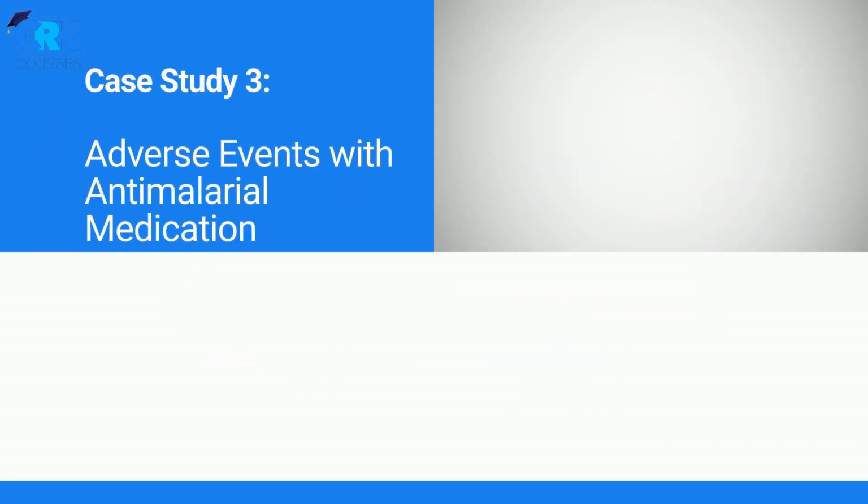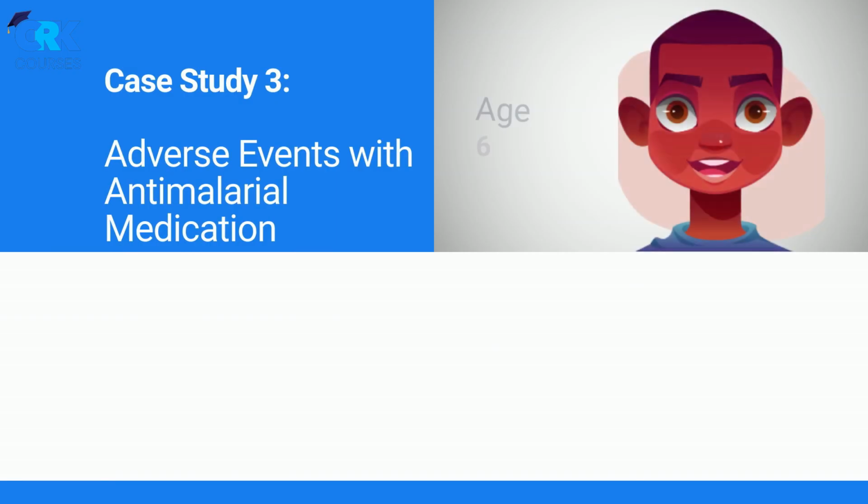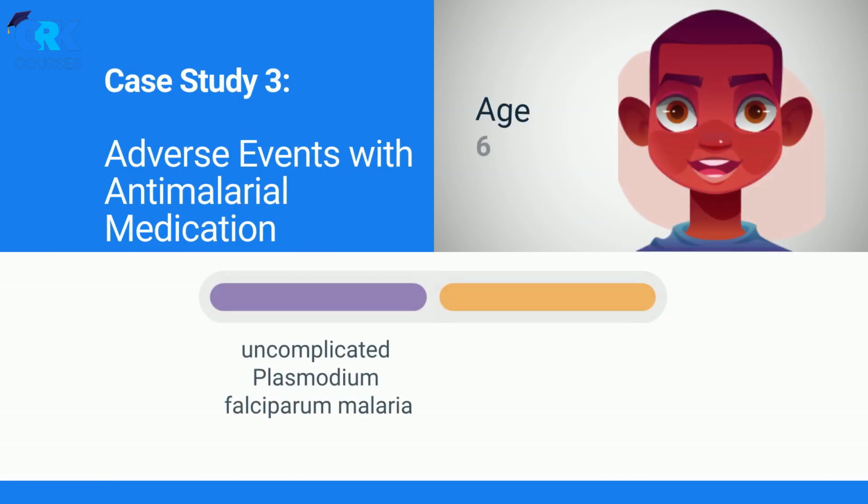In this case study, we have a 6-year-old child diagnosed with uncomplicated Plasmodium falciparum malaria. Adverse events. The child's caregiver reports that the child is experiencing abdominal pain, vomiting, and diarrhea after taking the prescribed antimalarial medication. AE reporting and management.